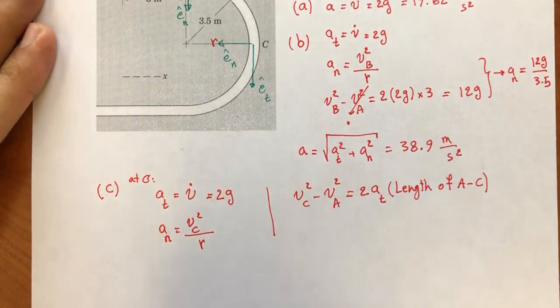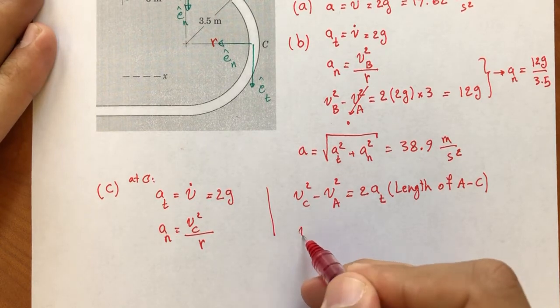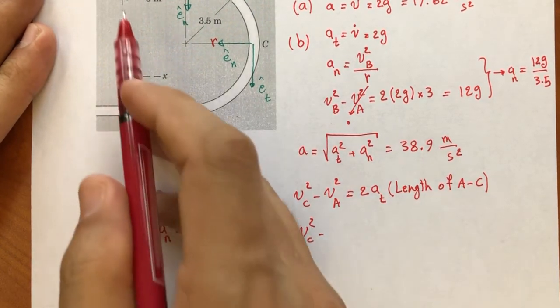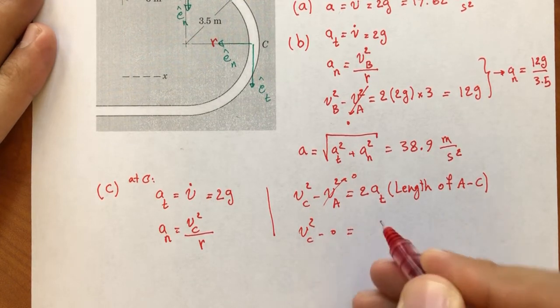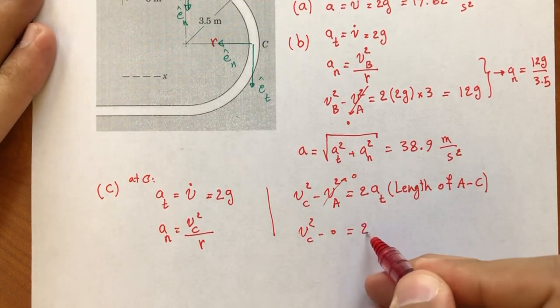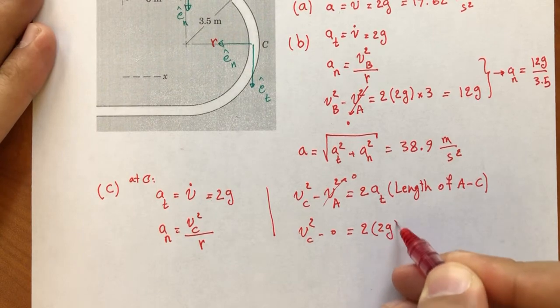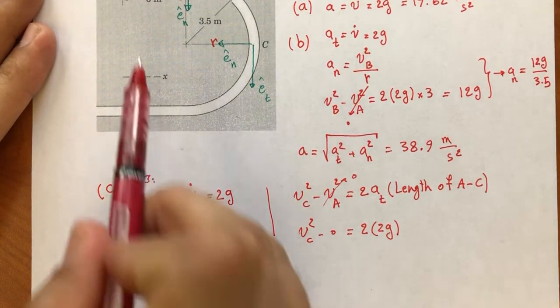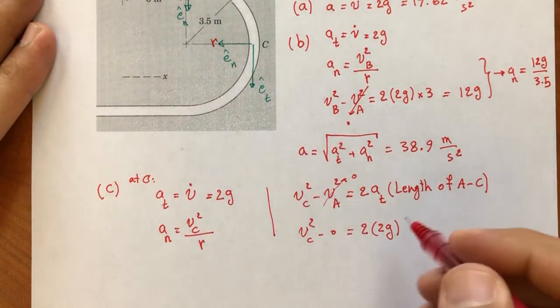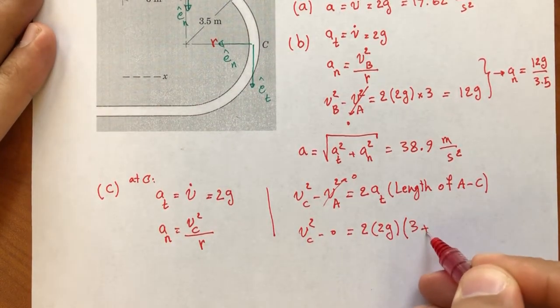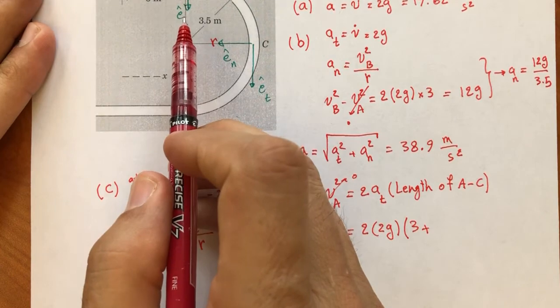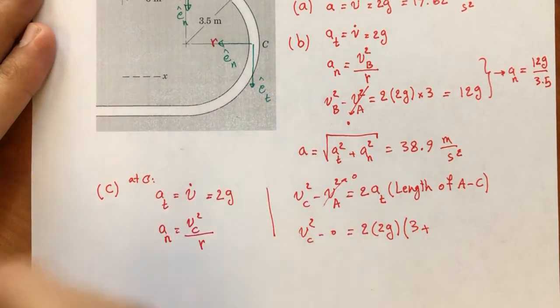So if I want to use this version, velocity at C squared minus velocity at A squared, which is 0, is going to be equal to 2 times At, which is 2g, times the length of the path from A to C, which is 3 meters here, plus pi divided by 2 times r, the length of this quarter of the circle.